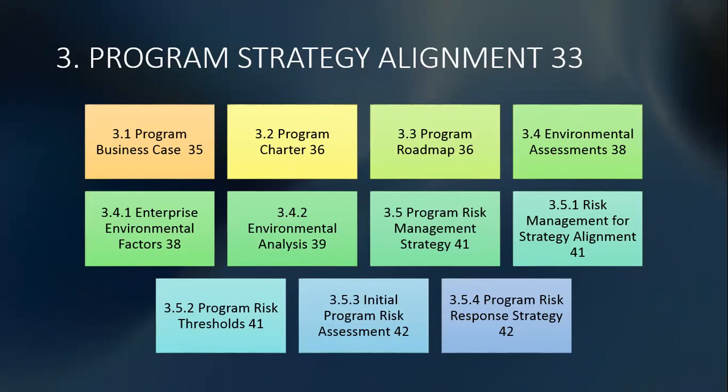When we talk about a business case, the business case makes a case for a project, in this case, a program. The completion of the strategic planning cycle results in the creation or update of the organization's strategic goals and objectives, which is documented in the organization's strategic plan. The organization's vision and mission are used as an input to the strategic planning cycle and are reflected throughout the strategic plan.